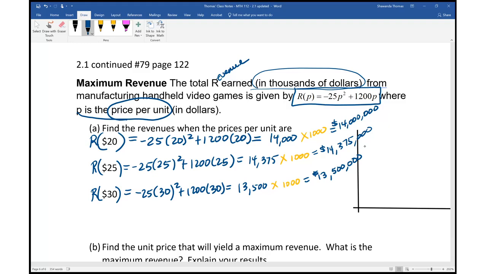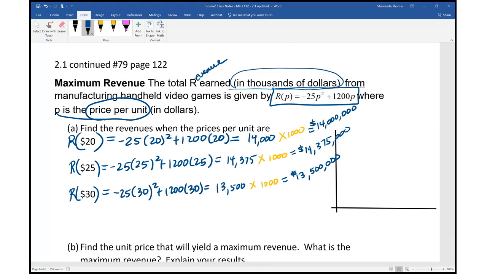So it went down. So if we graph this information, let's say this was 5, 10, 15, 20, 25, 30. And let's say this is price per unit down here, and this is revenue this way.